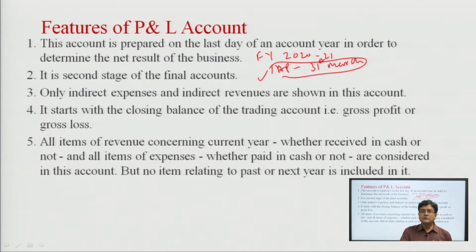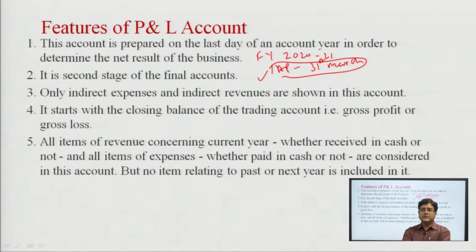The company does not stop working, but they close their books for financial year 2021 on 31st March, and new books of account start from 1st April. So, all the expenses and income after 31st March will be in another book of accounts.